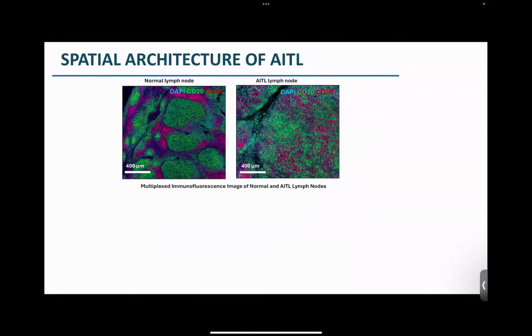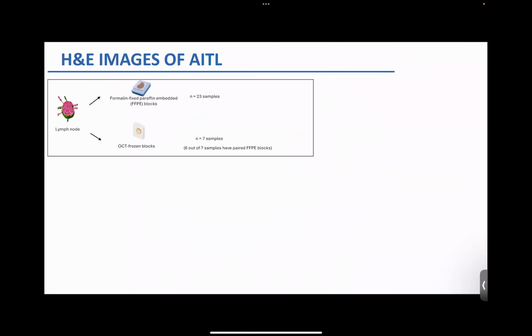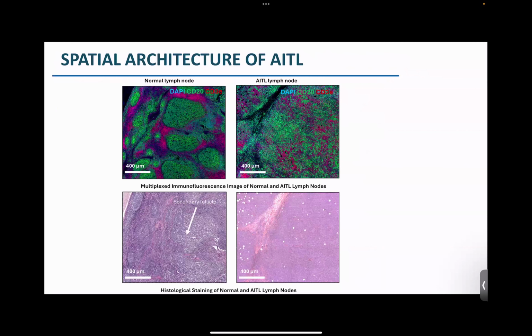Spatial architecture of the AITL. So basically, we wanted to compare the normal lymph node with an AITL-affected lymph node. The image above shows the normal lymph node as compared to the AITL based on the CODEX data. And the bottom is a histological image that shows the respective CODEX images above.